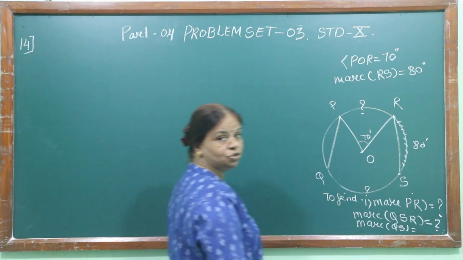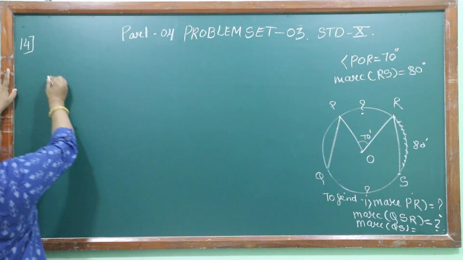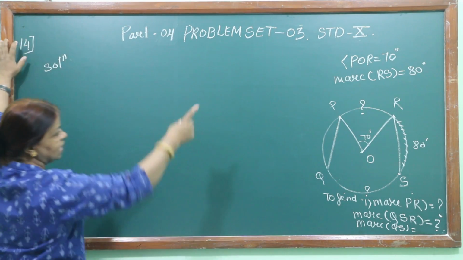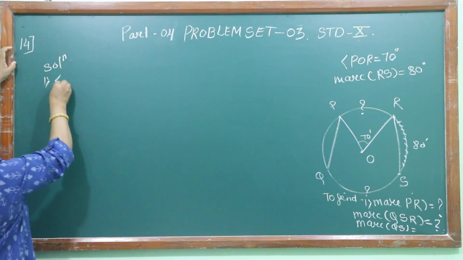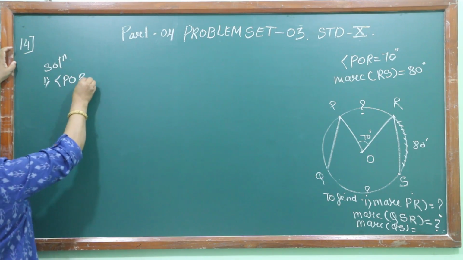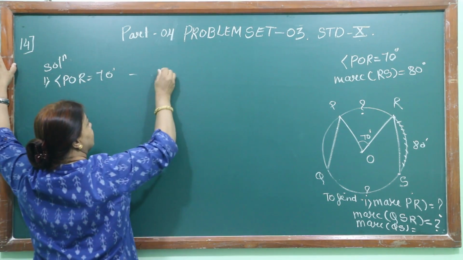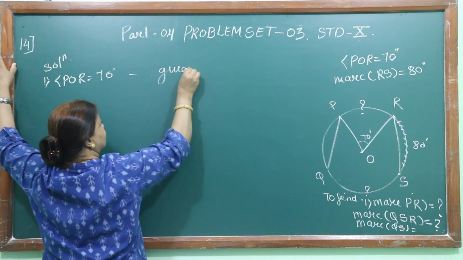Let us begin with the solution, children. First we will start with what is given. First point: angle POR is equal to 70 degrees. Reason is given.